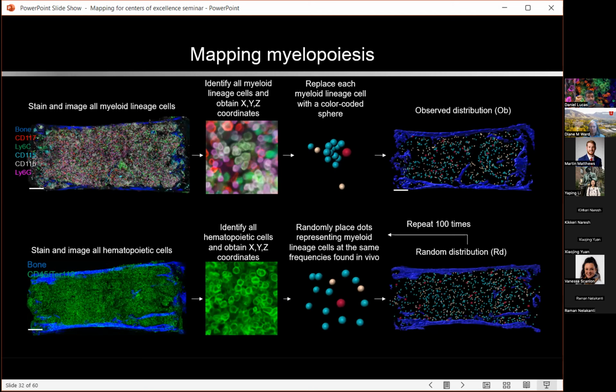So if you want to map just hematopoietic cells, you are restricted to using either CD45 or TER119, or using a BAF GFP reporter, which is restricted to the hematopoietic system. In our hands, CD45 and TER119 work very, very well. These are very bright markers, penetrate deeply into the tissue, and work really well.